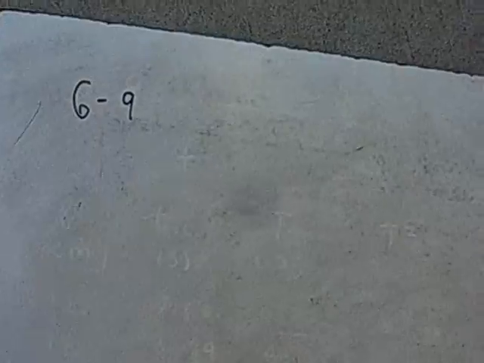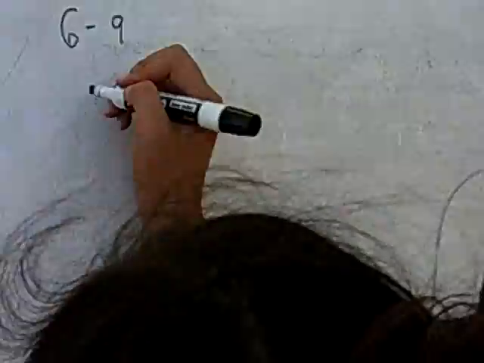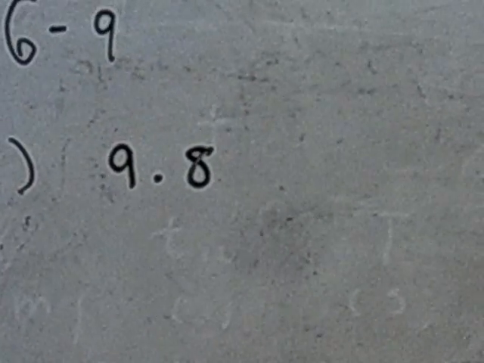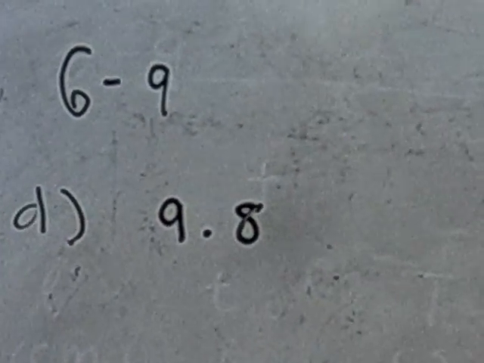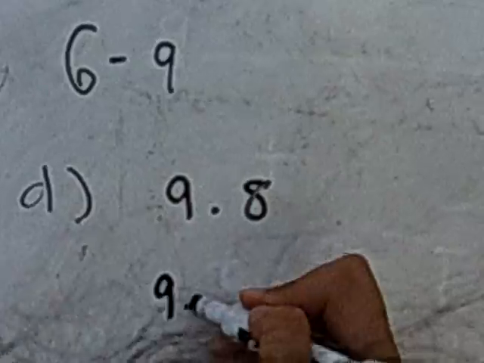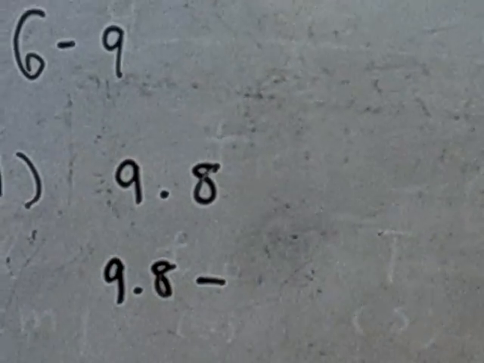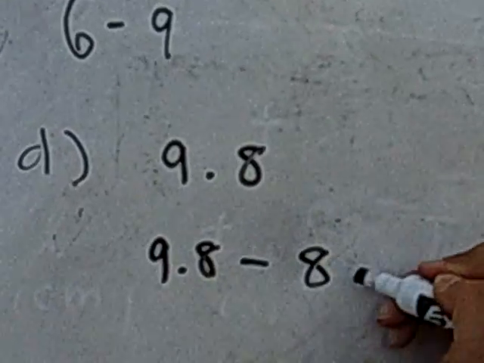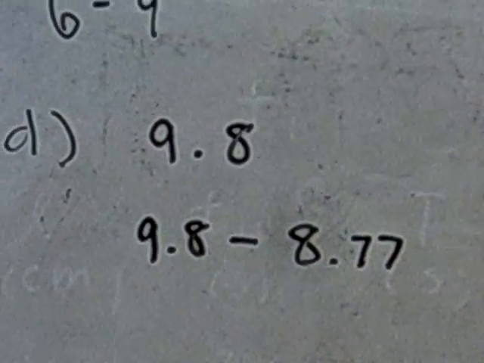For part D, this is just calculating your percent error. So your original gravity should be 9.8. And then to calculate the experimental error, you just do 9.8 minus whatever the value you got from part C was, which in this case we're just going to do the estimated number, which was 8.77.